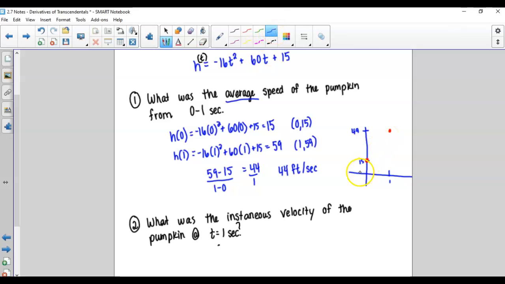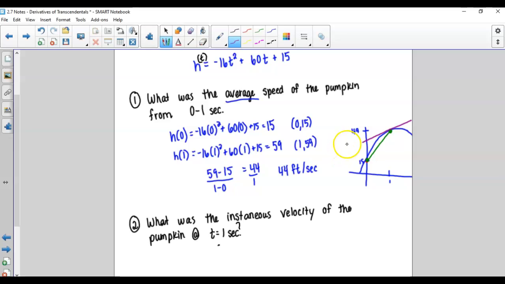Just from what we know, this function is quadratic, so it's doing something like this probably. And so what we just found, our average rate of speed, was the slope between those two endpoints right there. But if we want to know the instantaneous velocity, we need to know the slope of the tangent line.